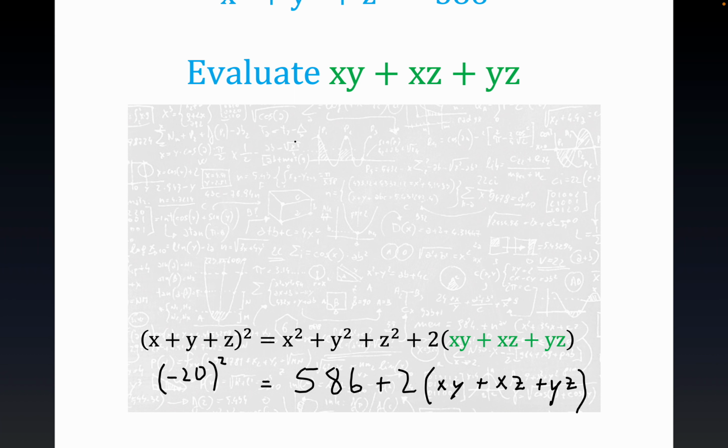We're going to see that xy plus xz plus yz would have to be 400 minus 586, right?